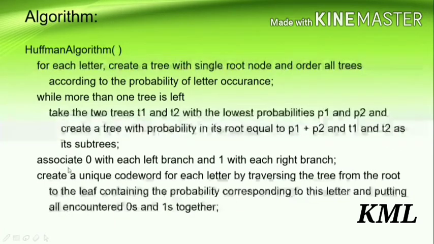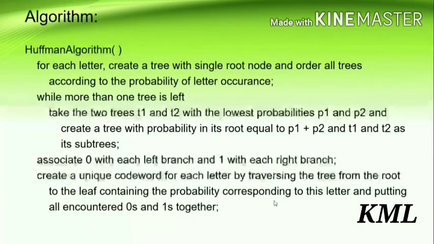Now you have to associate 0 with each left branch and 1 with each right branch. So you assign 0 to the left child and 1 to each right child of the tree. Next, create a unique code word for each letter by traversing the tree from the root to the leaf containing the probability corresponding to this letter and putting all encountered zeros and ones together.